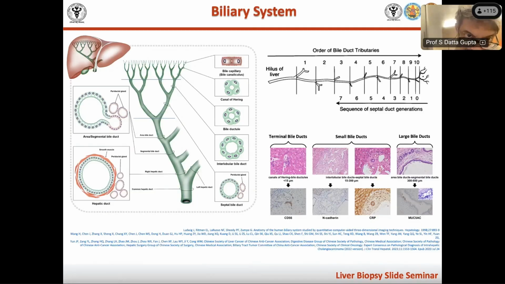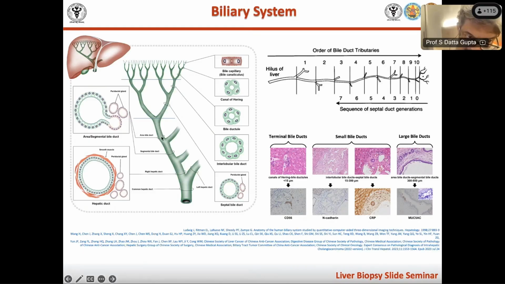So you will get bile ductules, and then it becomes a little larger and you use the interlobular bile duct. So the term duct is used first in the interlobular bile duct. So you can call it bile ductule and then interlobular bile duct. The rest are all ducts.